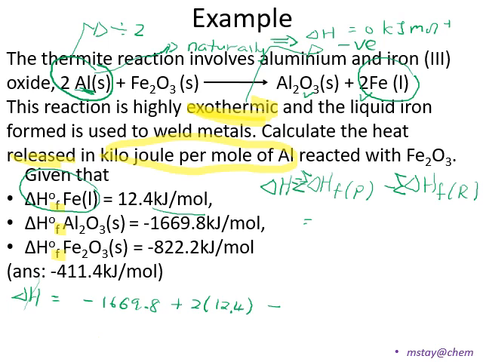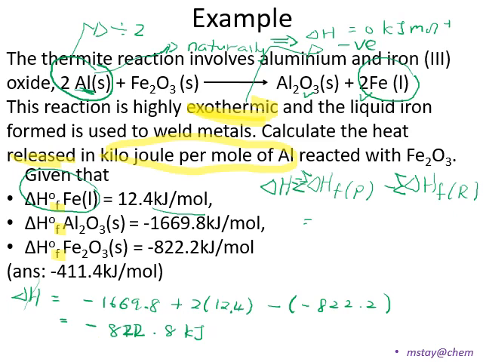That means in this case, we can ignore the aluminium, and then we continue with the iron(III) oxide, which is given here as negative 822.2. So when we press the calculator, we supposedly will get negative 822.8 kilojoule.